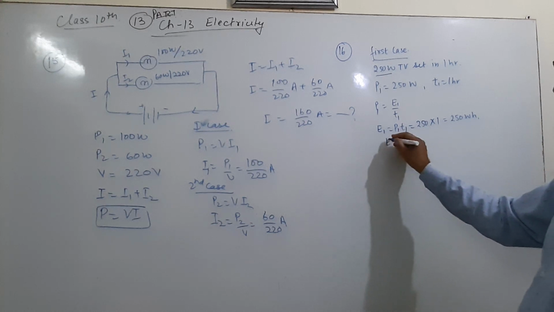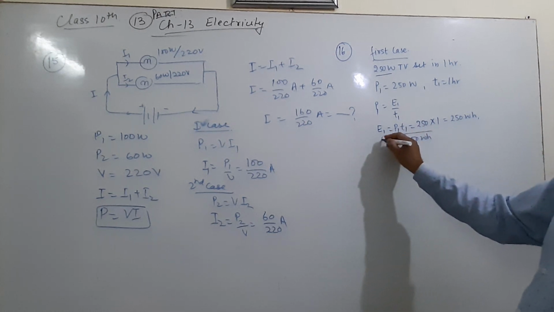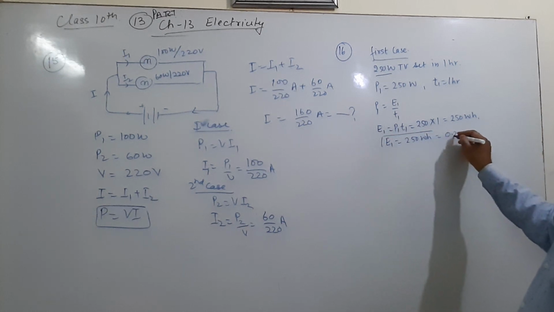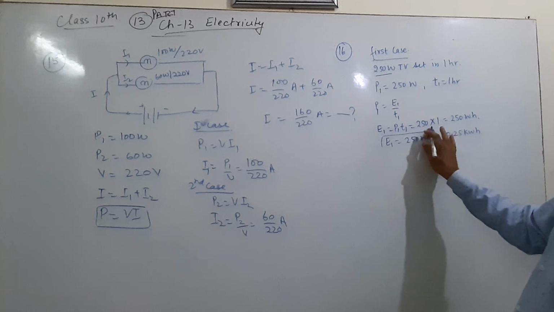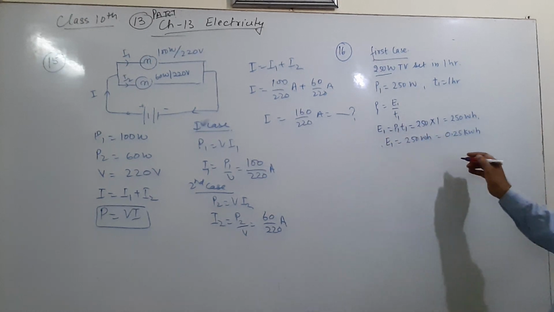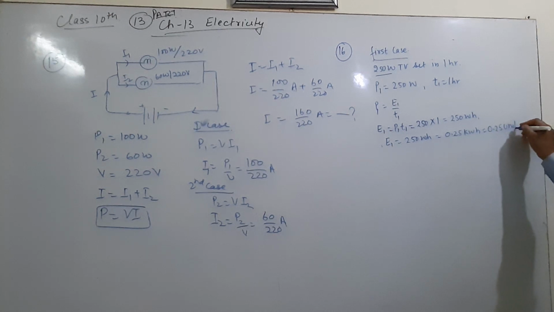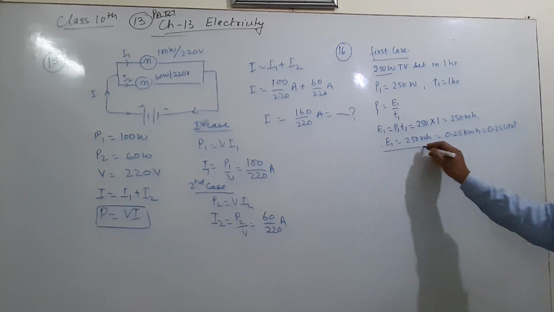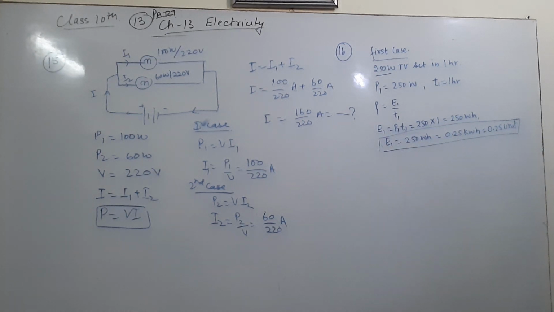So it means E1 is equal to 250 watt hour, or we can say 0.25 kWh. What is the meaning of kWh? It is equal to 0.25 unit. And I already told you that 1 unit is equal to 1 kWh.